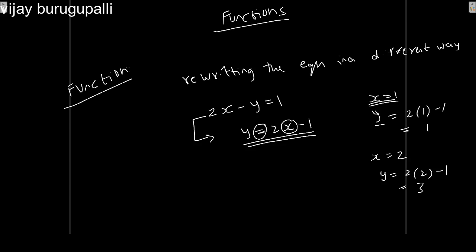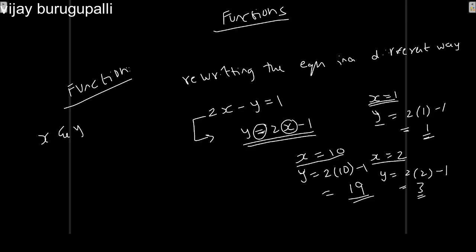If you take x is equal to 10, then the value of y will become 2 into 10 minus 1, which is nothing but 19. That means for every different value of x, we are getting a different y value. So we can say that x and y are in a relation such that for every different value of x, we are getting a different value of y.